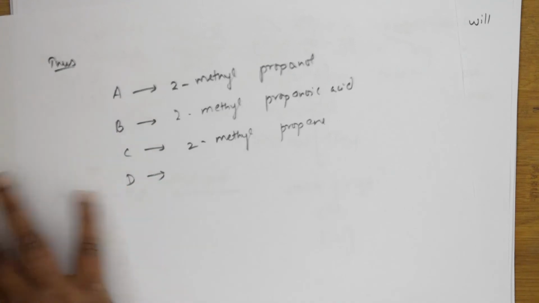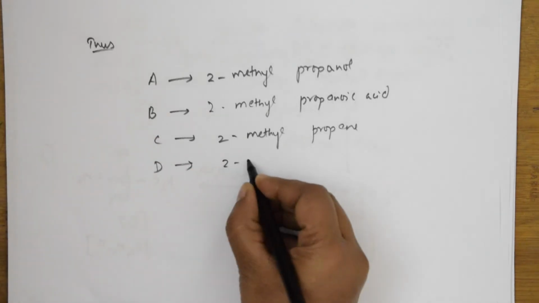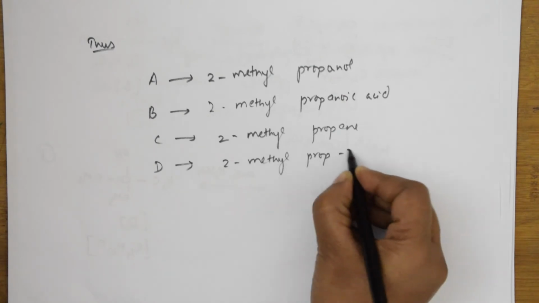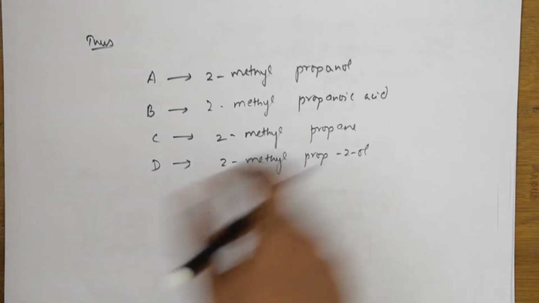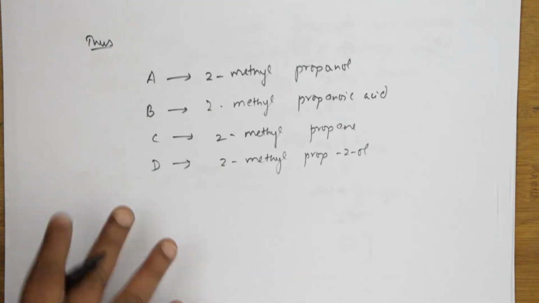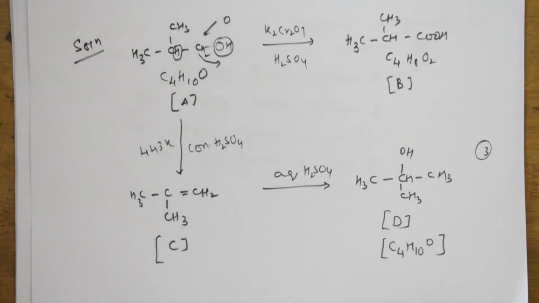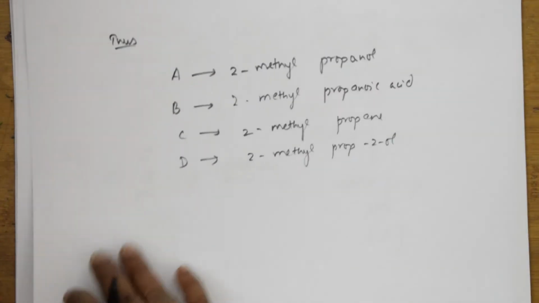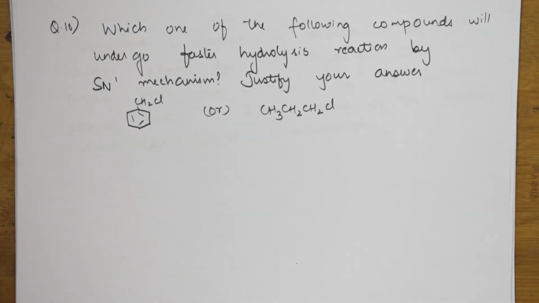Let's write 2-methyl prop-2-ol. Done. Here you have to write the formulas also, because I have written here already, I am not writing it again. So the formulas are to be written here in the answer. Done. Fine. So next question.